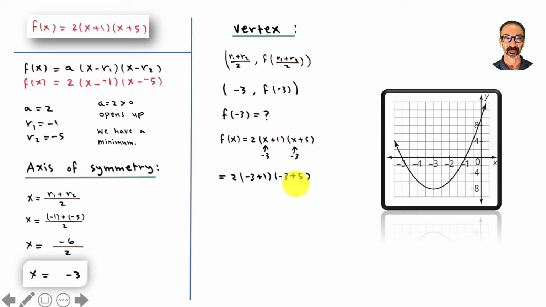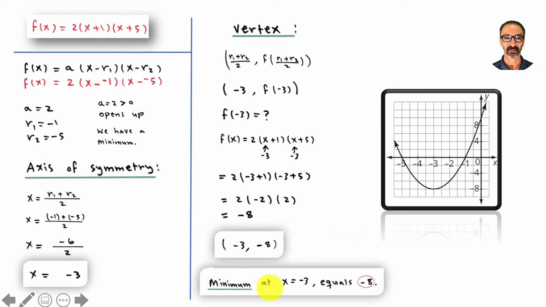Doing the math, I end up with 2 times -2 times 2, which is -8, as the graph shows. So that's the vertex. And we have a minimum at this point if they ask you for maximum and minimum. And the minimum is at x equals -3, and the value equals -8.